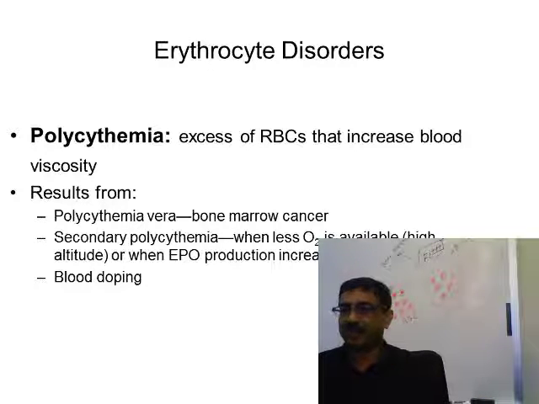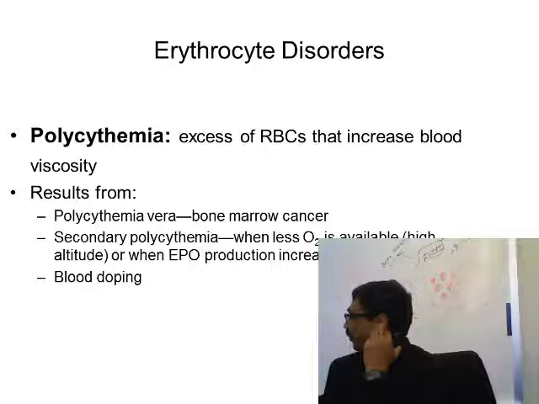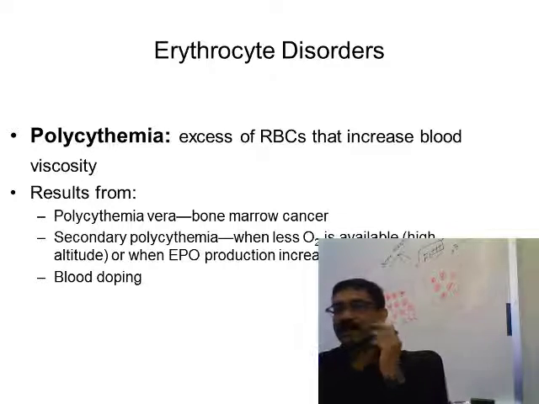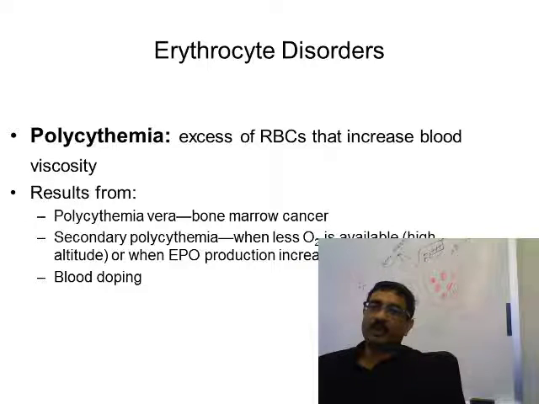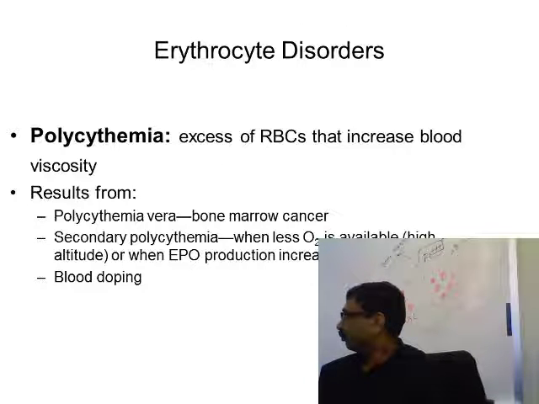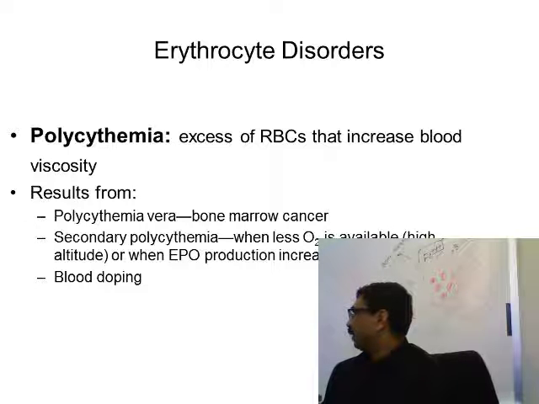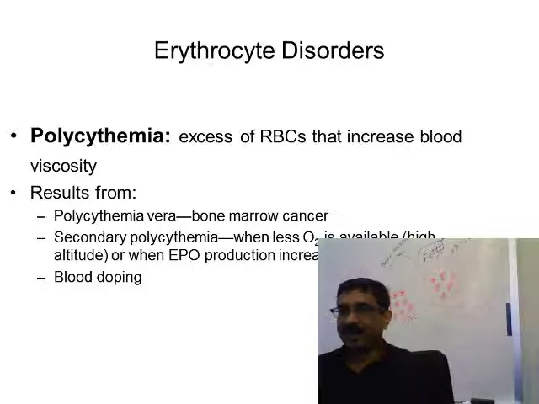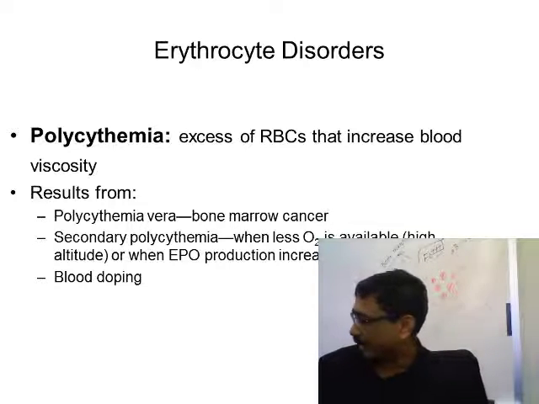So it is just opposite of anemia. In this case, the viscosity, or thickness, you remember I said viscosity is the thickness of the blood, will increase, and the blood flow will decrease. If the blood becomes thick, then the flow will get slower.